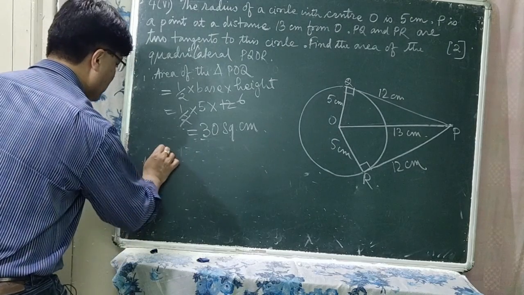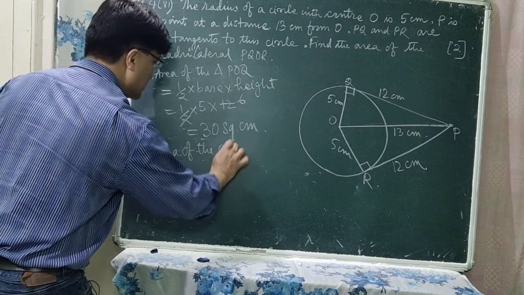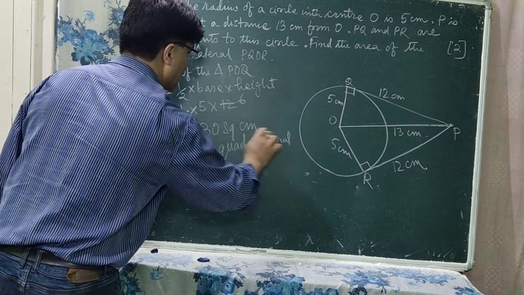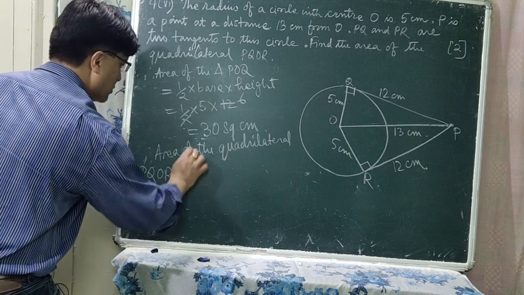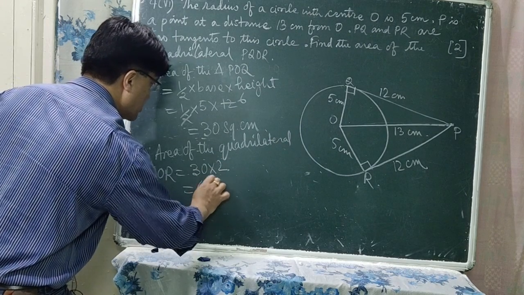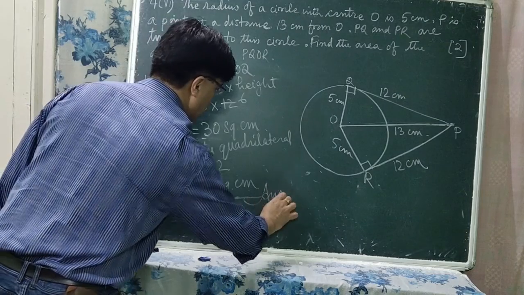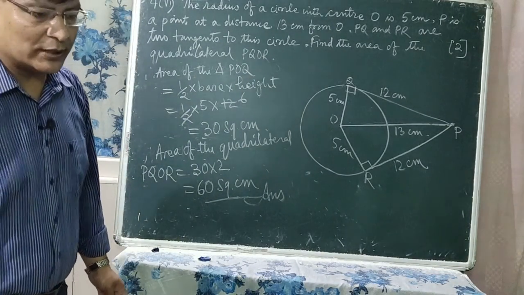So write down, therefore, area of the quadrilateral PQOR is equal to 30 multiplied by 2, which is equal to 60. What is the unit? Square centimeter. So this is the answer. Is that understood? Now we'll do the next problem.